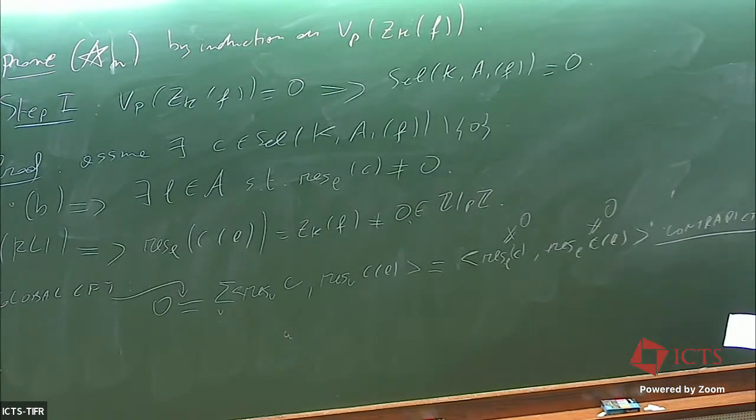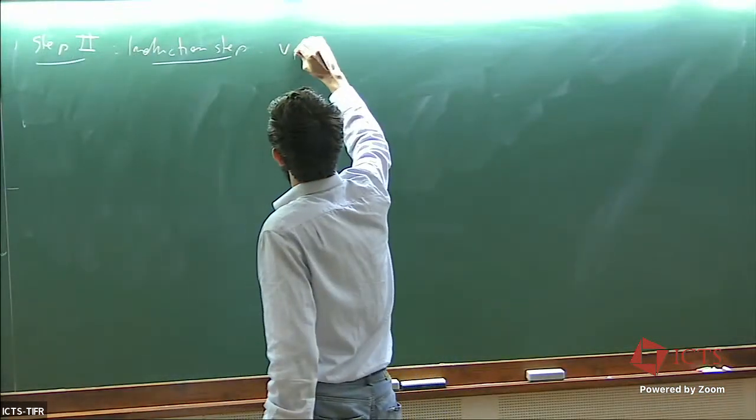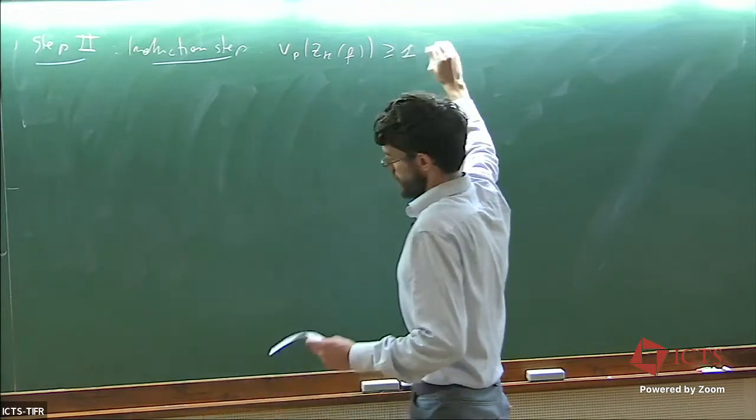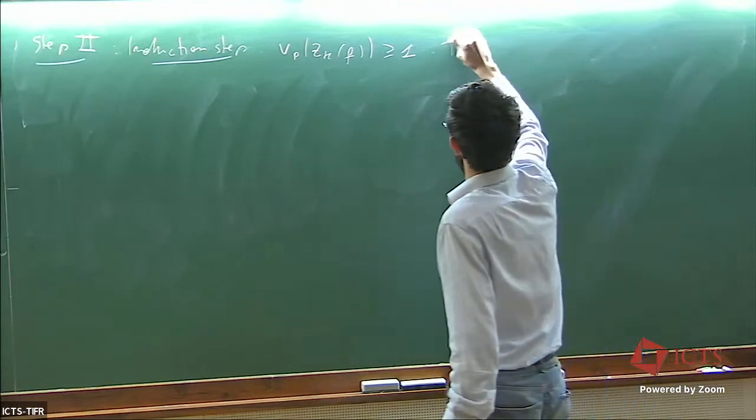All right, so step 2. We have to do the induction step. So I assume this p-adic valuation is bigger than 1. And then the claim is that there are two possibilities.